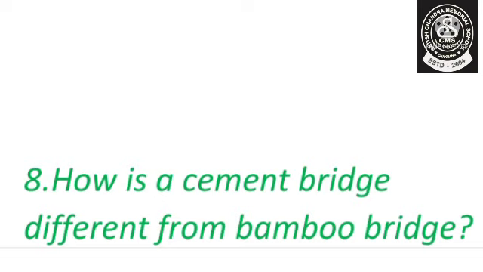A cement bridge is made up of cement, bricks, iron rods, while a bamboo bridge is made up of bamboo sticks and ropes, right? Say another: a cement bridge will be used to cross big or small water bodies, but a bamboo bridge is used in places where there is knee-high water due to heavy rainfall. This is the second point of difference.